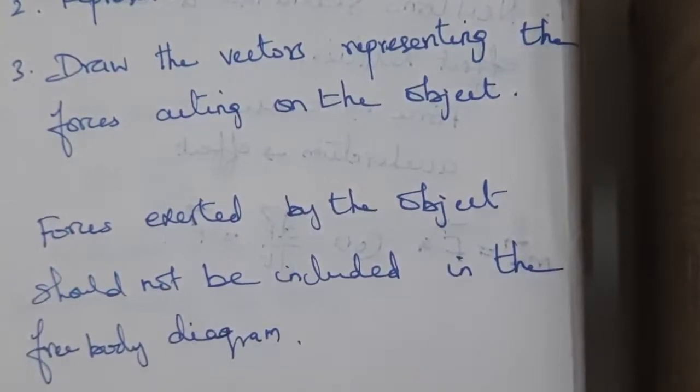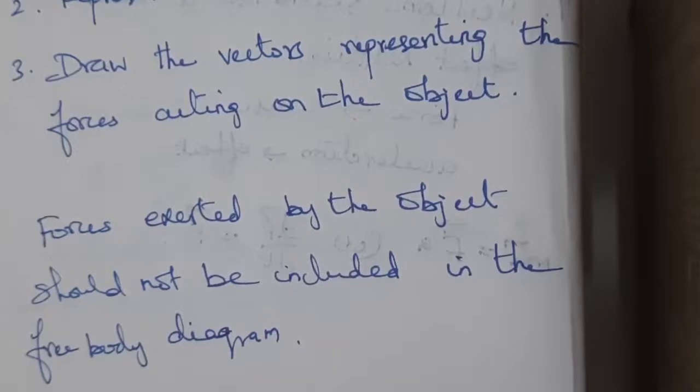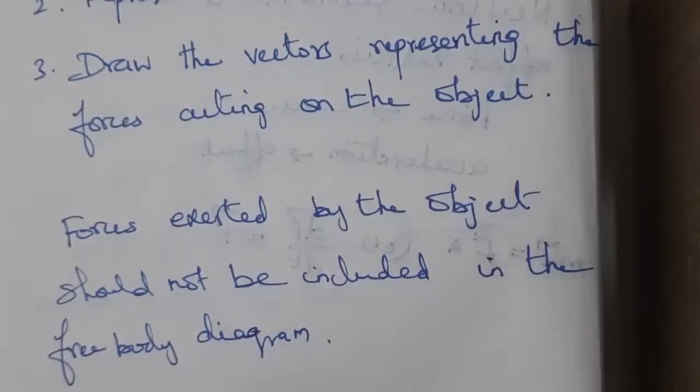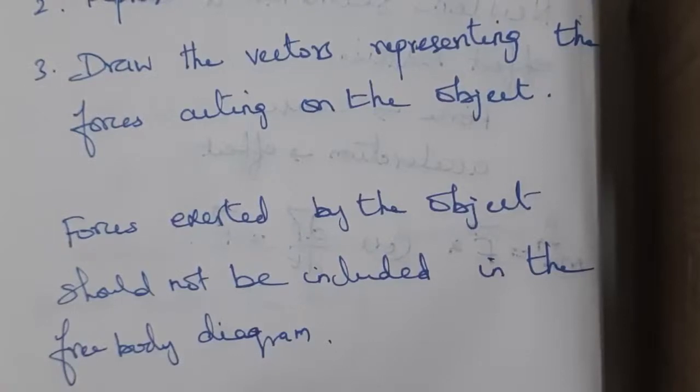It is a simple tool to analyze the motion of an object using Newton's laws, and there are steps to follow: identify the forces acting on the object, represent the object as a point, and draw the force vectors. When we are doing some problems, we can understand the free body diagram.